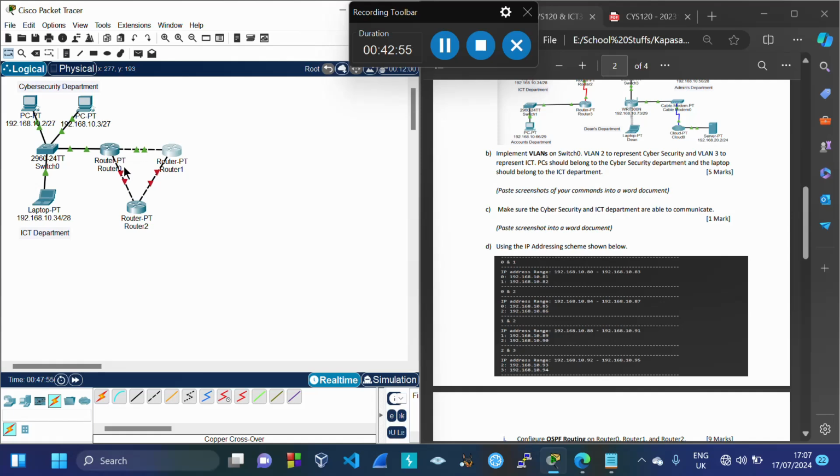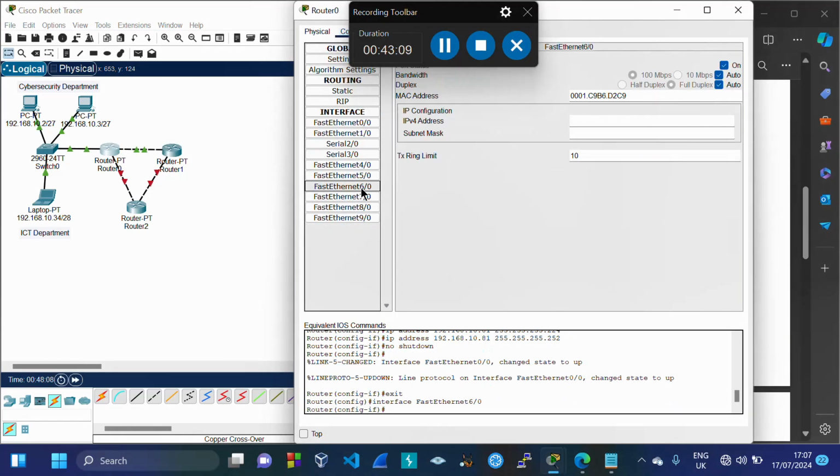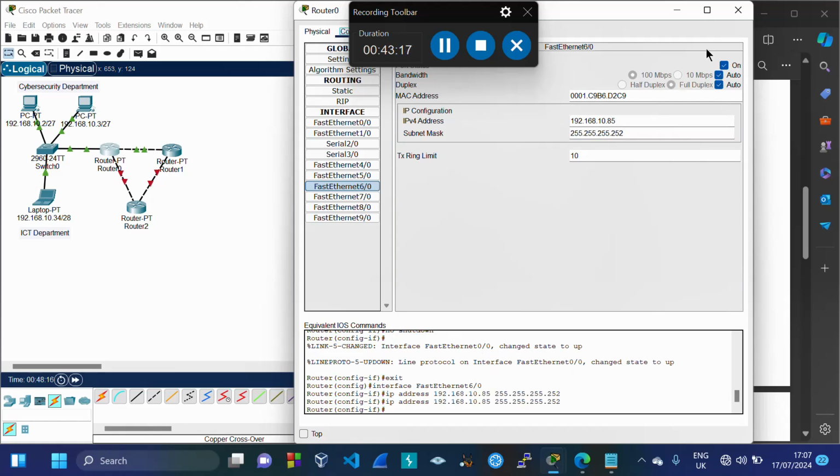So we continue the process like that. So remember, 0 and 2 is connecting at 6/0. So between 0 and 2, 0 is given .85. So I'll go where router 0's interface is, this one which has a 6 to connect to router 2. So I'll say 85, then it's 252, and we say on, it's okay.